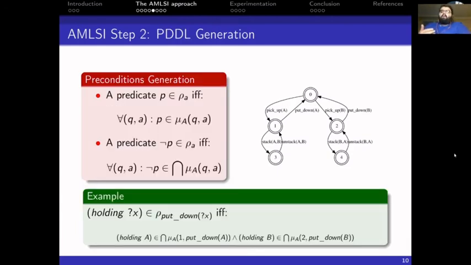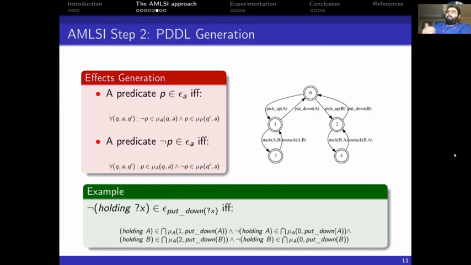Then, after learning the regular grammar, AMLSI generates preconditions and effects. To learn the preconditions of an action O, we find all propositions that are always present in all nodes where action A, instantiating O, is feasible. For instance, holding X is a precondition of putdown if and only if holding A is present in node 1 and holding B is present in node 2.